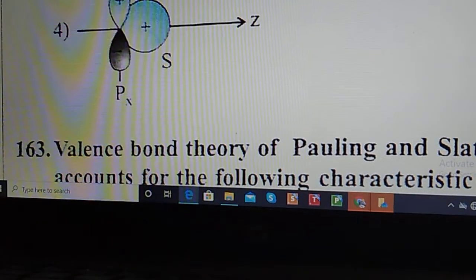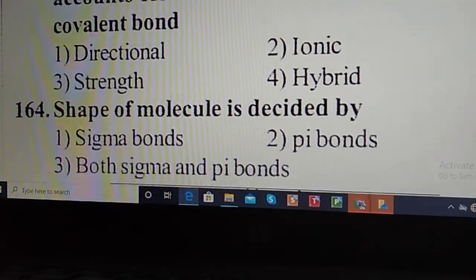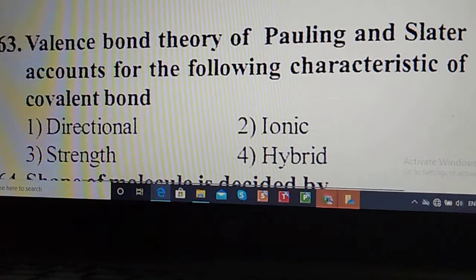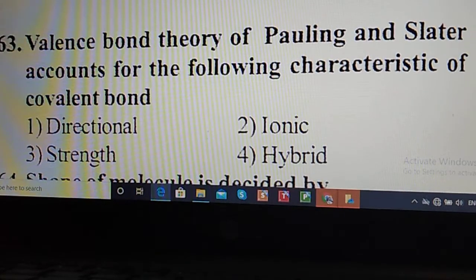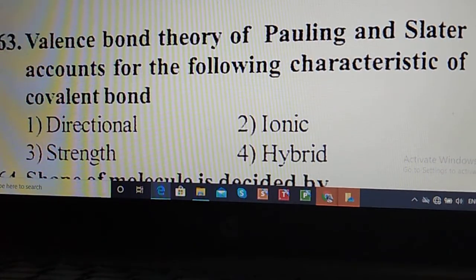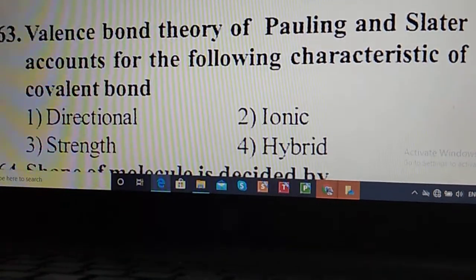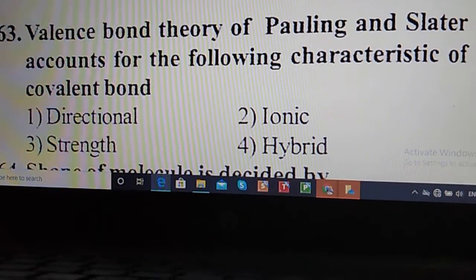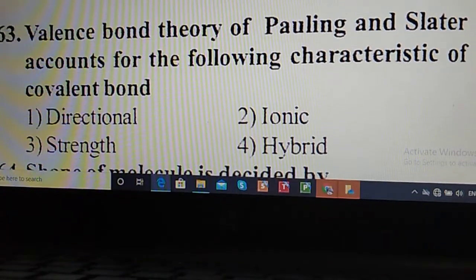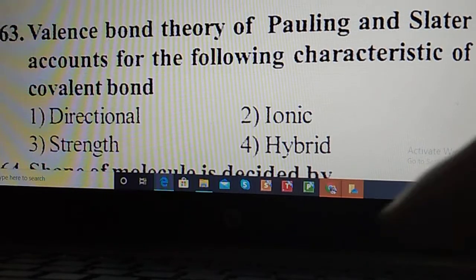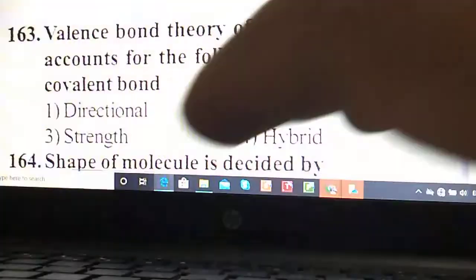Now let us move to question number 163, student. What is given in question 163? The valence bond theory of Pauling and Slater accounts for the following characteristic of the covalent bond. This VBT theory was given by Heitler and London to discuss the shape, bonding and all of the molecule.